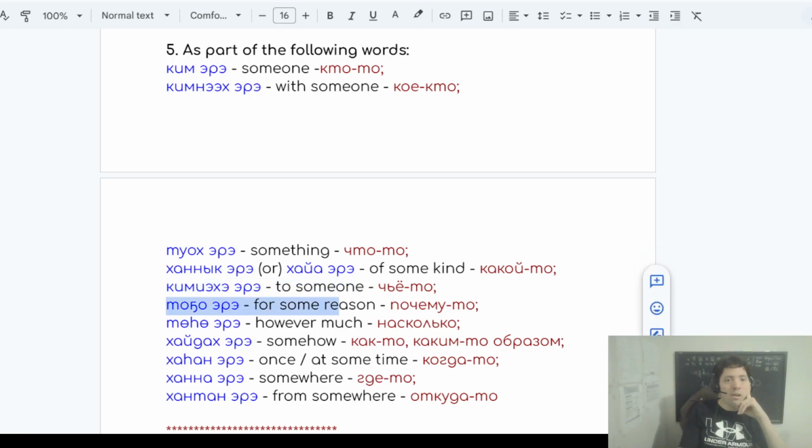Ta ere, for some reason. Tuhu ere, however much. Haidach ere, somehow. Hahan ere, once, at some time. Hanna ere, somewhere. Hantan ere, from somewhere, because hanna means where, hantan means from where.